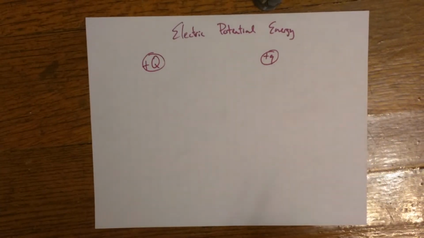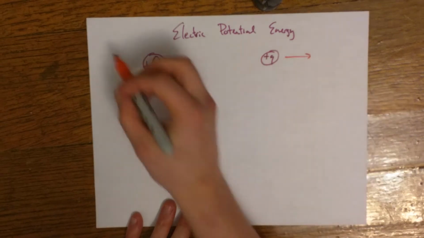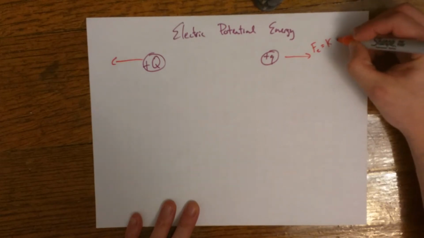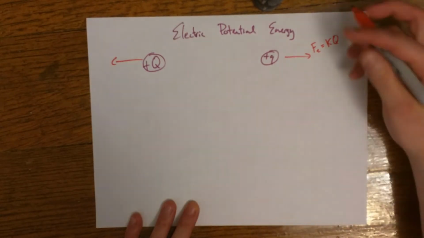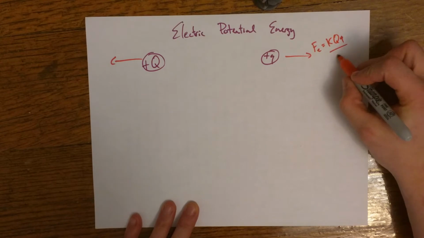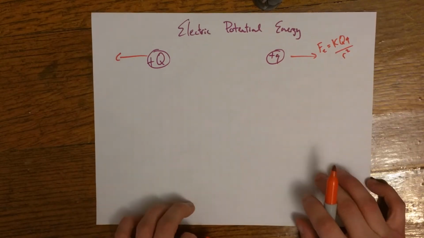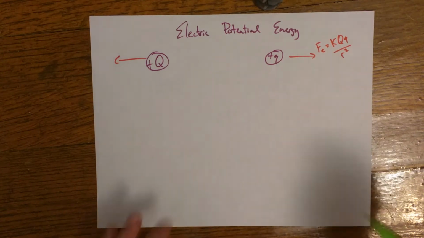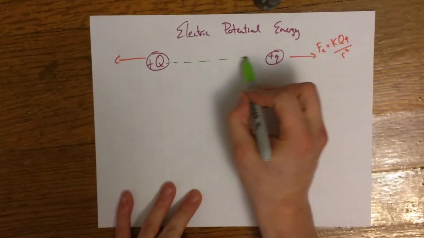And we know that there's some force between these two particles pushing this way and an equal force that way. We could define this electric force to be K, positive Q here, little q, divided by the separation distance r squared.